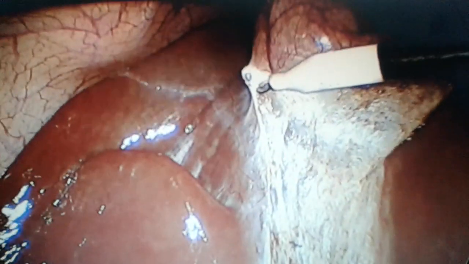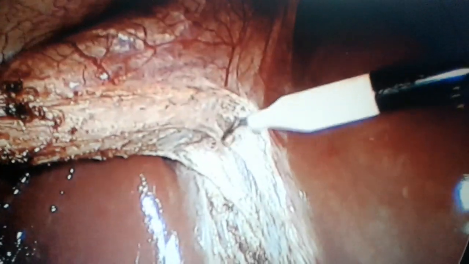And now you can see the role of this insulated part at the distal most end of the electro hook. If suppose that is not there, then this electro hook will not properly work and will also burn a larger part of the gallbladder.